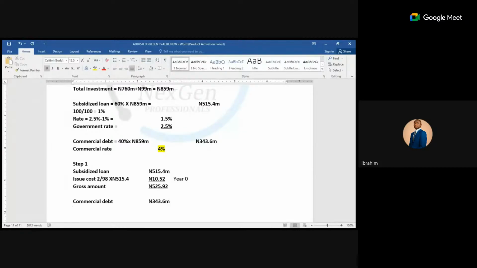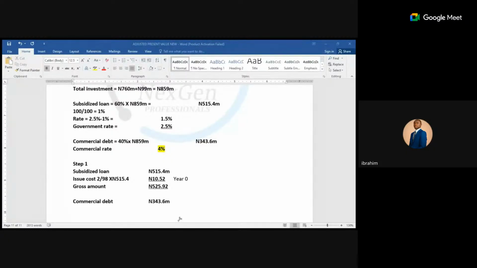No doubt, the only part that is technical in adjusted present value is the part of the sources of finance. You need to understand how rates work practically, by saying that we have the MPR, we have the subsidized, we have the commercial.